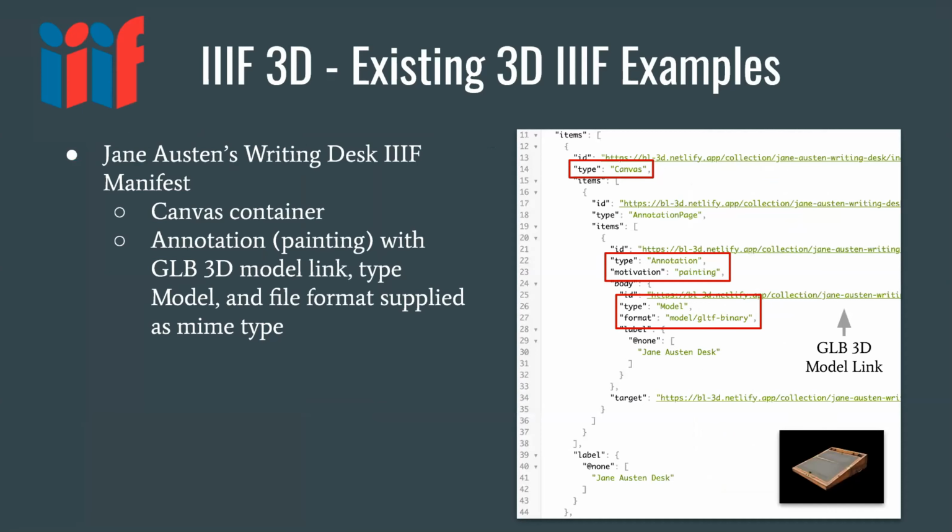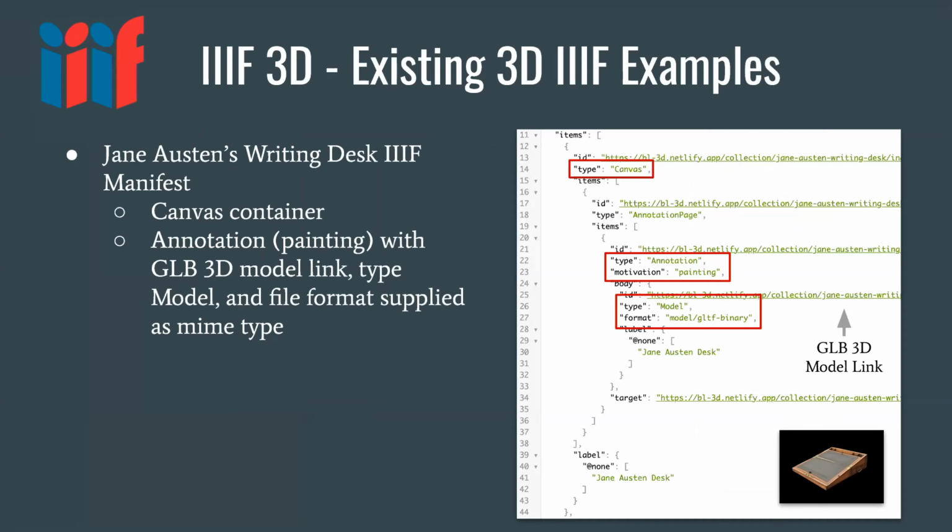So this is what the Jane Austen writing desk manifest looks like. Basically it's a GLTF binary file, GLB, being annotated with a painting motivation onto a canvas.